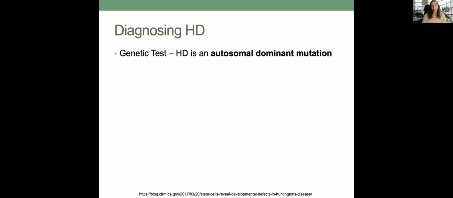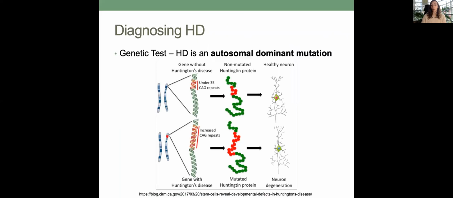Unlike Parkinson's and Alzheimer's, we actually know exactly what causes Huntington's disease, and people are diagnosed with a genetic test. This is an autosomal dominant mutation that involves excessive repeats of a trinucleotide sequence, hence the categorization in the family of trinucleotide repeat diseases.